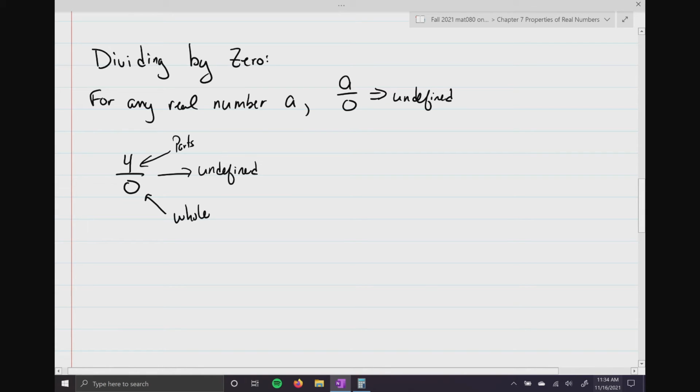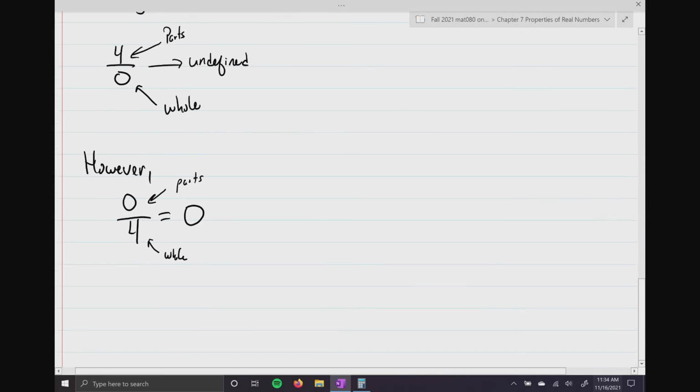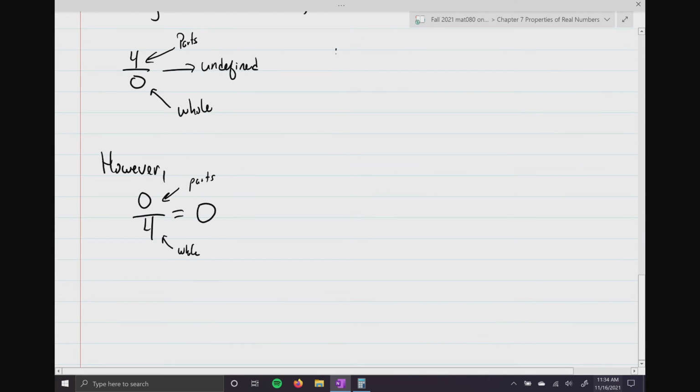Now, on the flip side, if we reverse those numbers, like 0 divided by 4, well, that does equal 0. And remember, if you think about this in terms of fractions, you have 0 parts. However, you had 4 of them that made up the whole to begin with. In other words, there were 0 slices of pizza left, but there were 4 slices to start with. So an easy way to remember this is a number divided by 0.